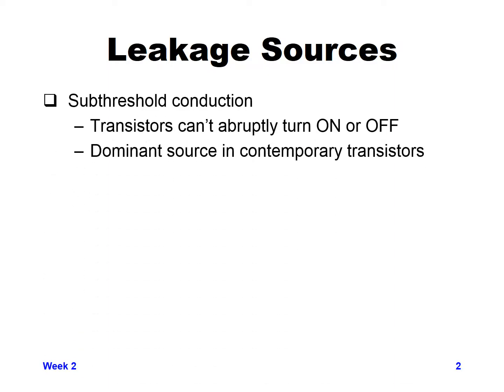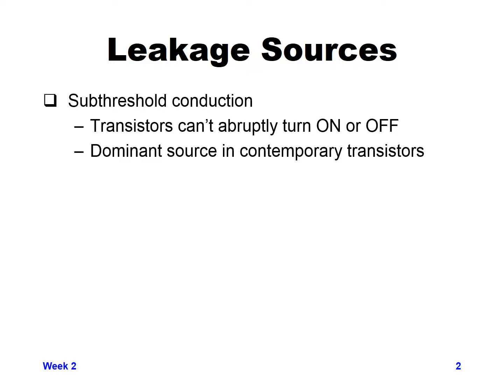So going through some of the main leakage sources that we have in our CMOS process. First one is sub-threshold conduction. So this is that the transistors, as you're increasing your gate voltage and your drain to source voltage, don't abruptly turn on and off, like go from zero current to all of a sudden they're conducting.